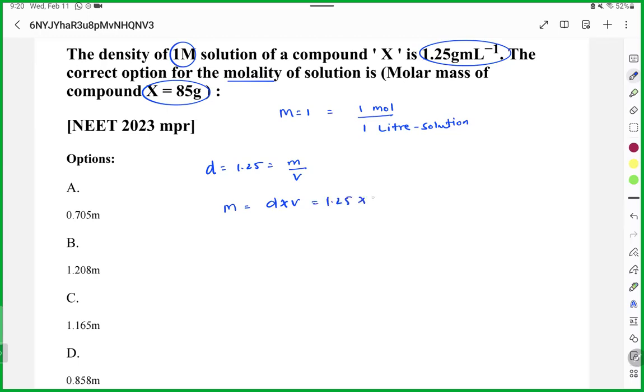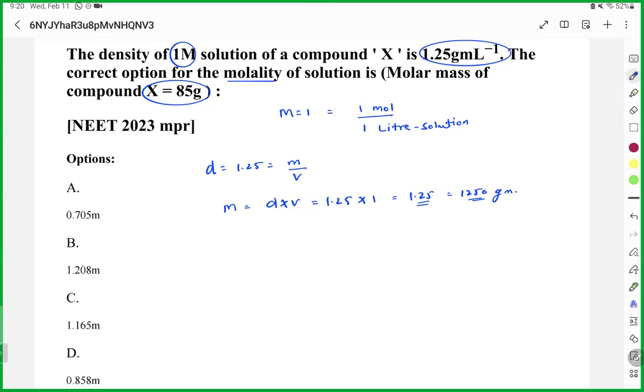What is the volume of the solution? 1 liter. So the mass will be 1.25 into 1000, or 1250 gram. This is the total mass of the solution. Correct?